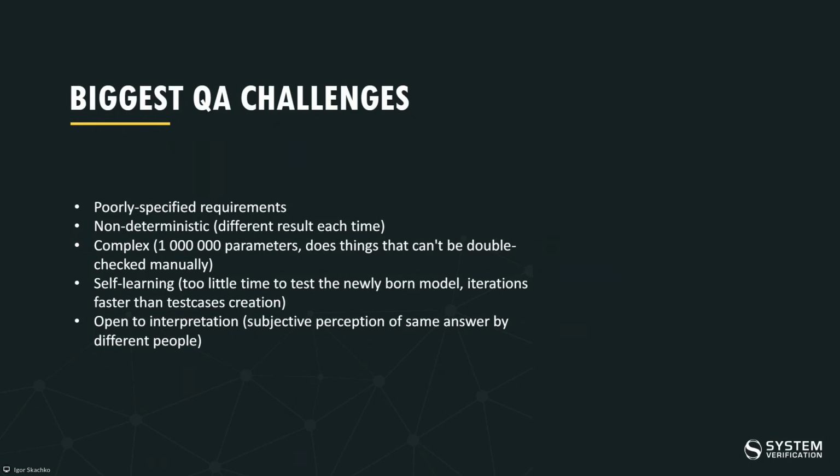Now, the problem with self-learning is that there is too little time for the newly born model, and these iterations of the birth of a new model come faster than we come up with the test cases, right?